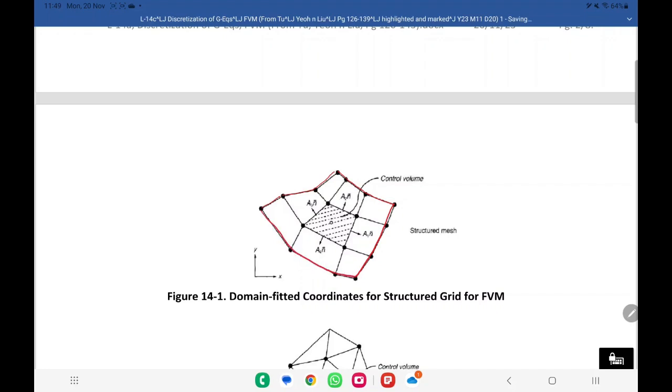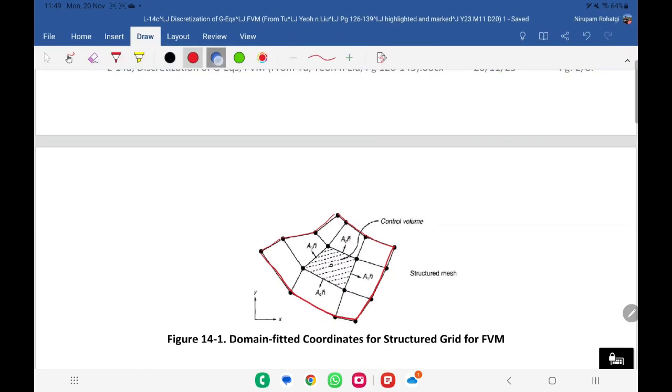Now, if you want to find the structured grid in this, you have to put what are called logical squares, or logical rectangles. What we have actually created here are these coordinates. You can say generalized coordinates.